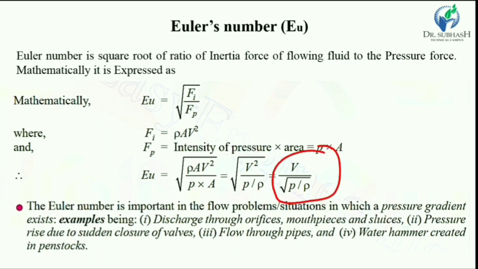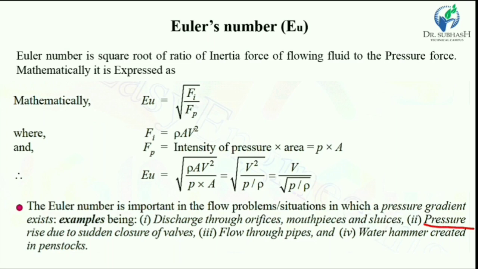Now this is the final equation for Euler's number, and Euler's number is important in a problem or situation where the pressure gradient or pressure force is significant or important. Some examples where the Euler's numbers are important are given. First one is the discharge through the orifice and mouthpiece and sluice.